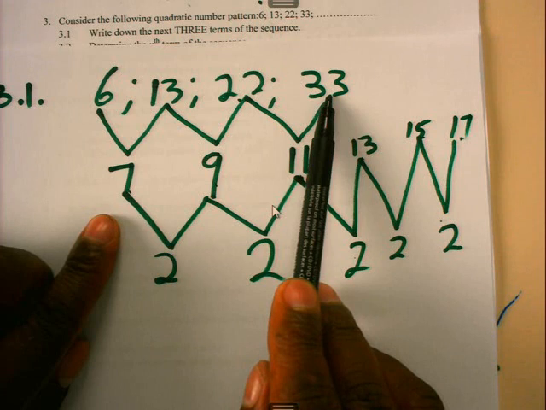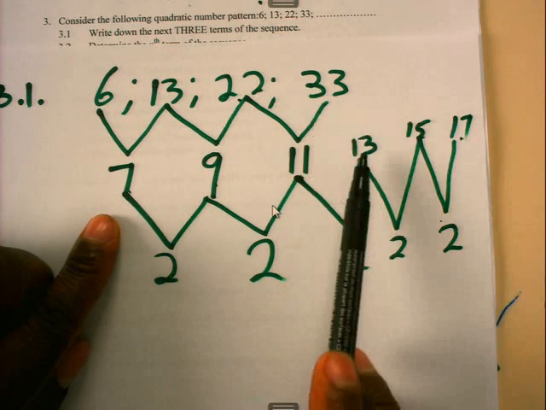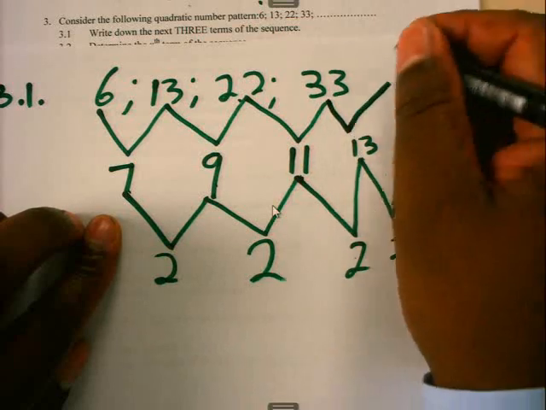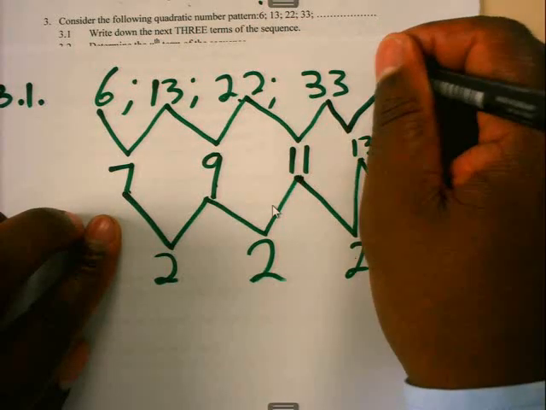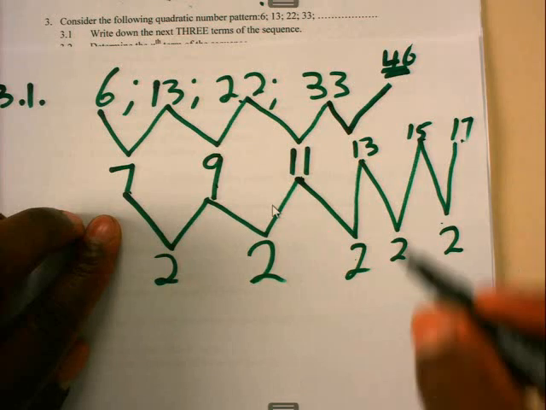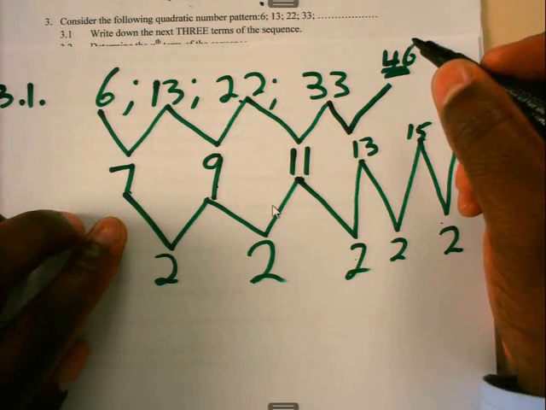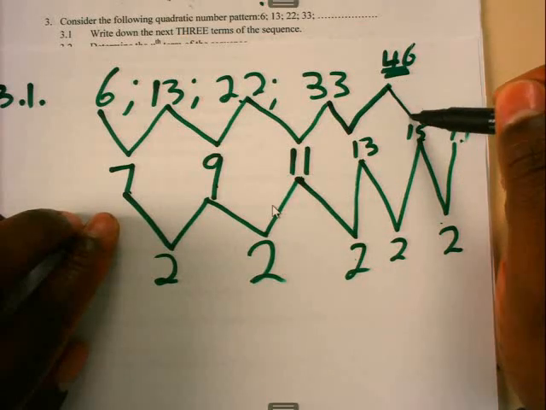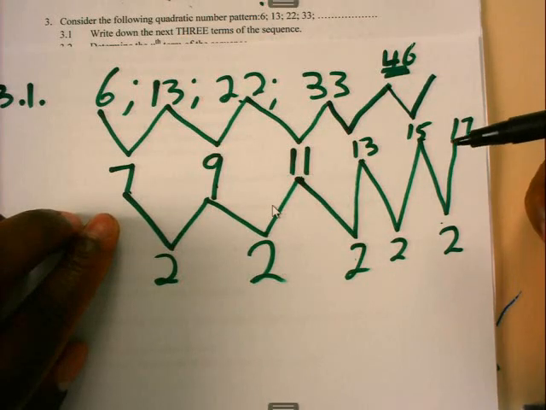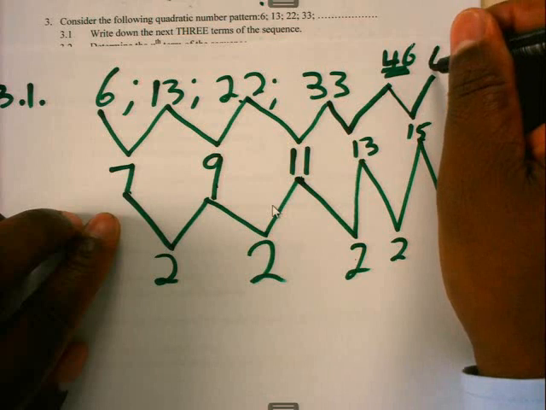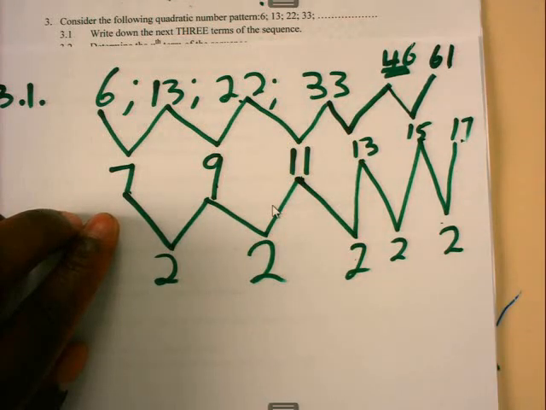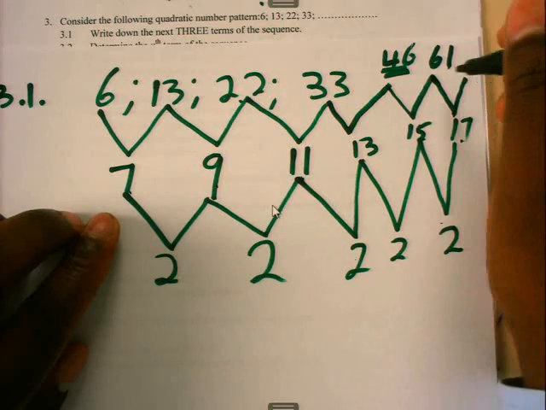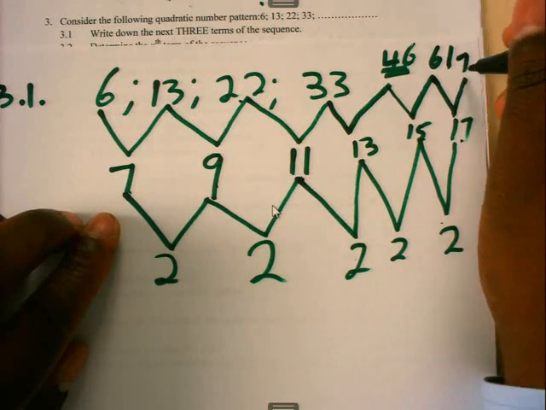Now 33 plus 13 gives us 46. That will be the first new term. Let's carry on. 46 plus 15 gives you 61. Then 61 plus 17 gives you 78.